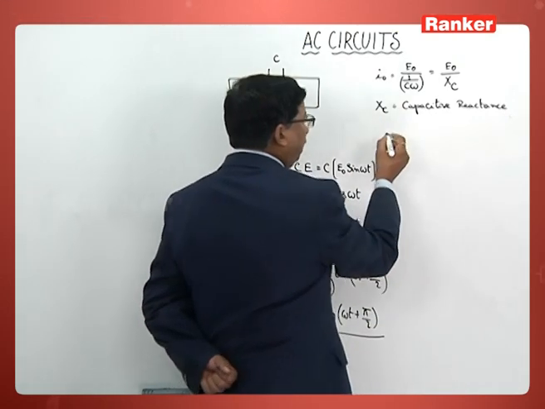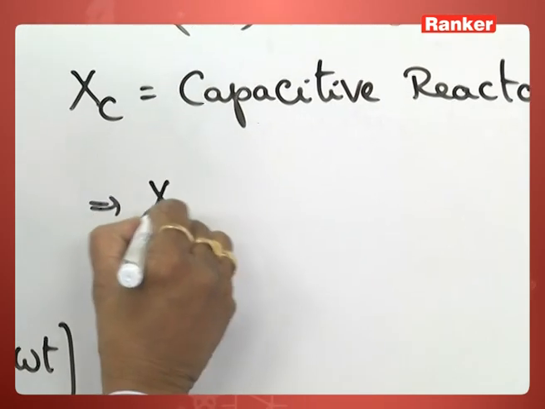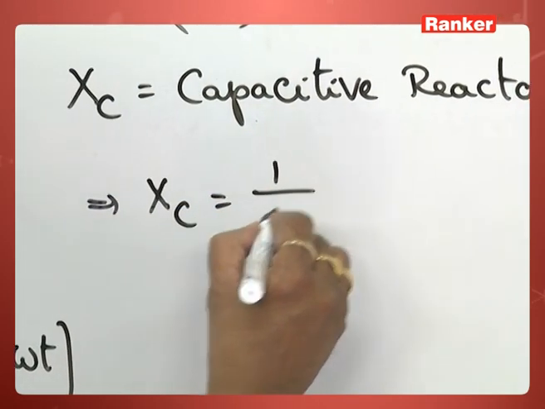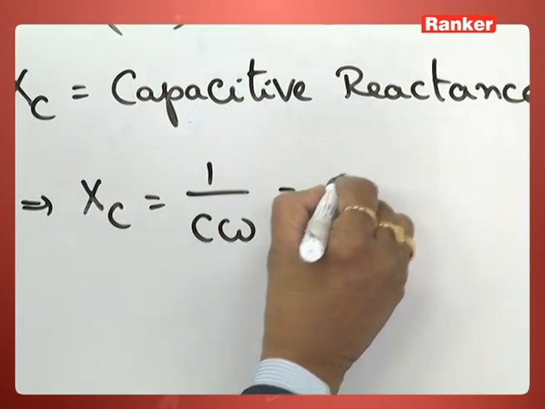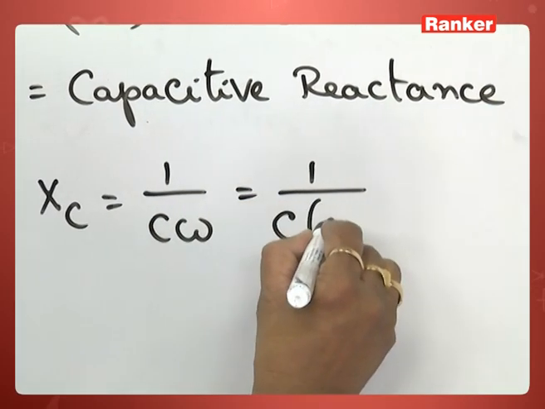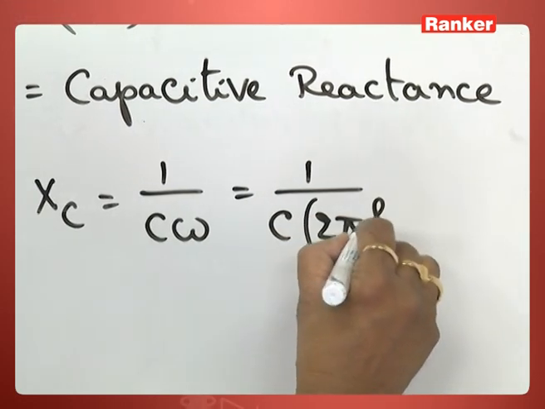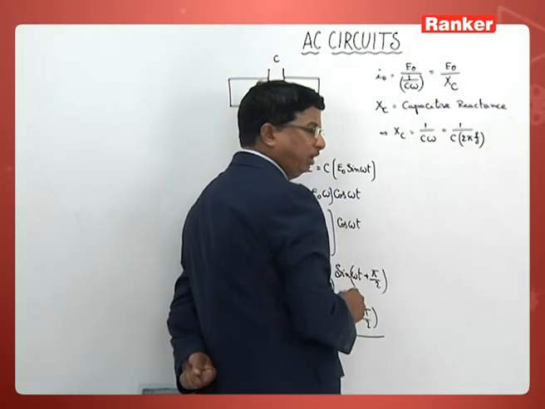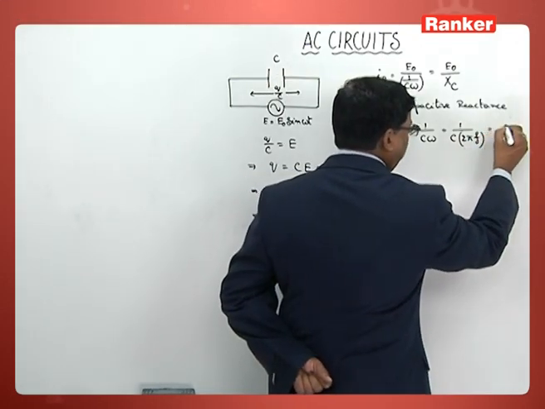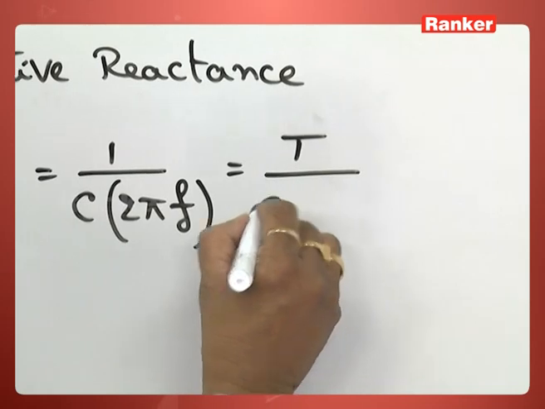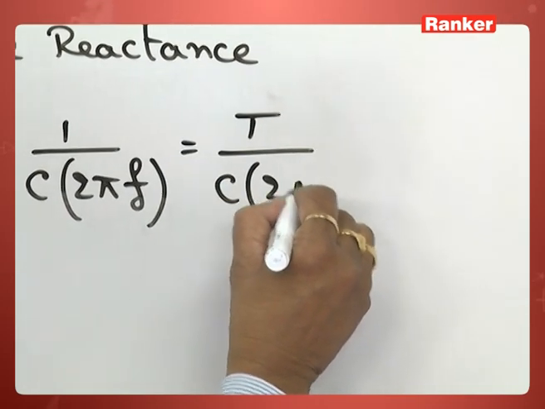What is its formula now? We can write XC is equal to 1 by c omega. In other words, 1 by c into 2 pi f we can write, f being the linear frequency. This even can be rewritten like this also, t by c into 2 pi.